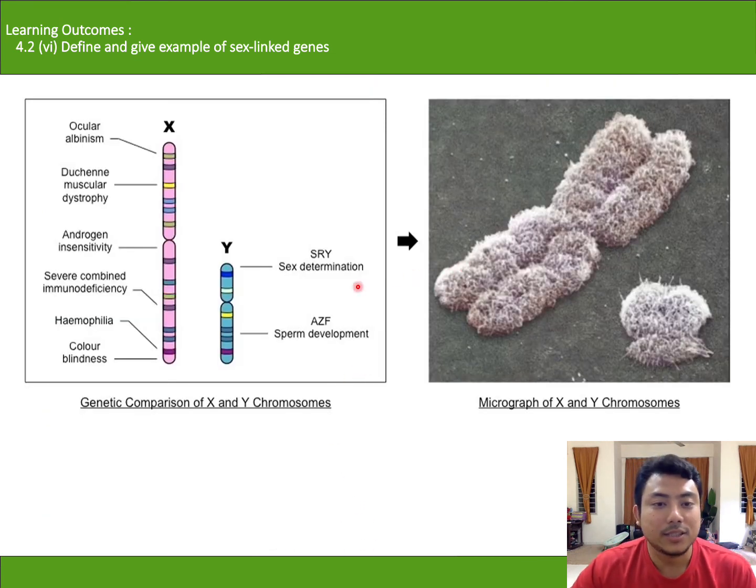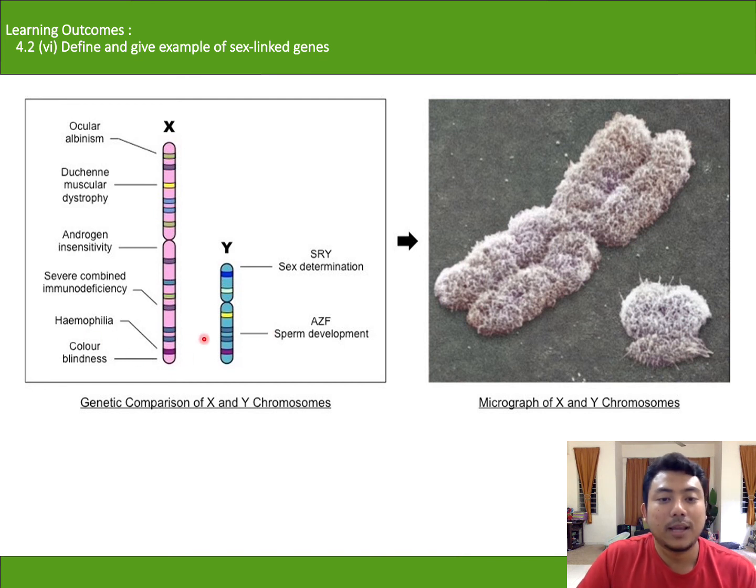Okay, this slide shows the X chromosome and Y chromosome compared side by side. Definitely in terms of size, Y is much smaller. And the genes for hemophilia and color blindness on the X chromosome are not present on the Y chromosome. So just having a recessive hemophilia allele will cause the male to suffer the disease, because there is no counterpart on the Y chromosome, as there is no gene for hemophilia on the Y chromosome.